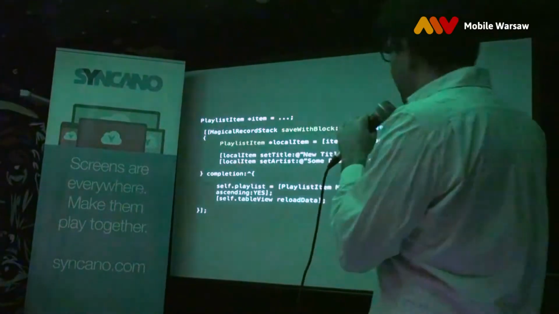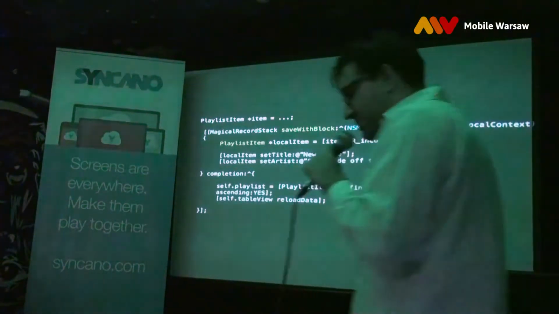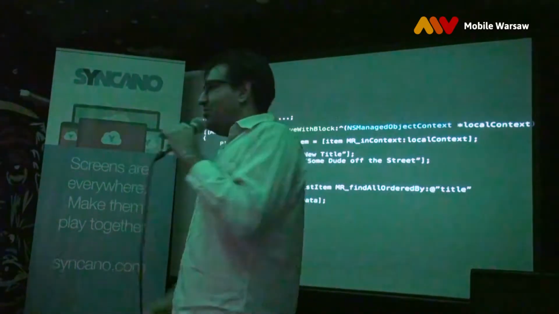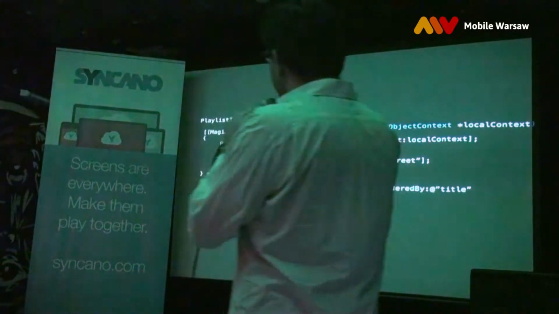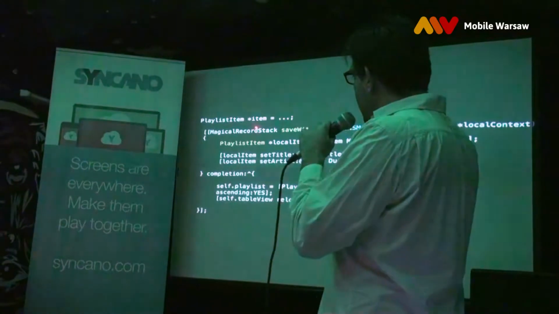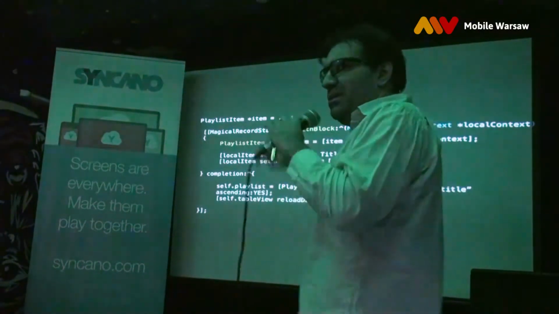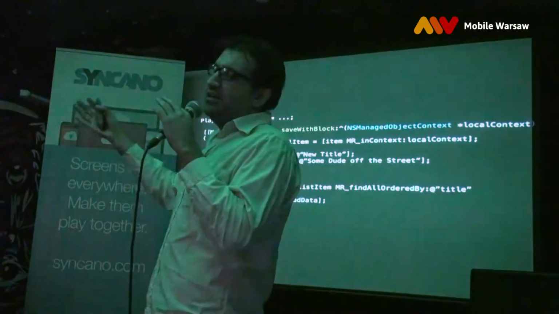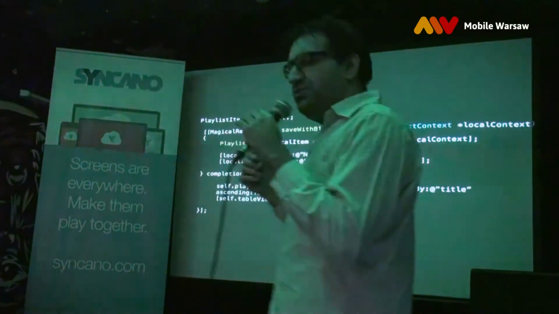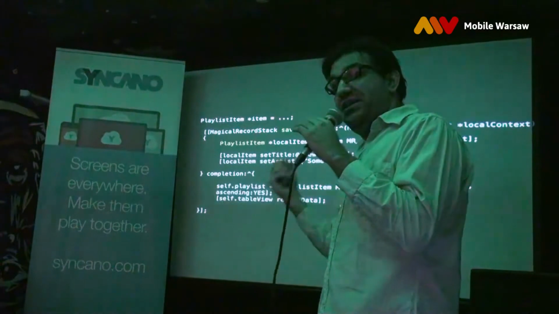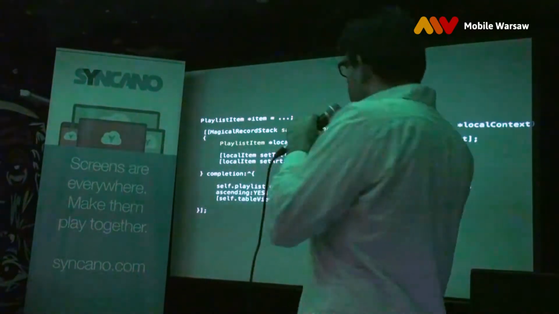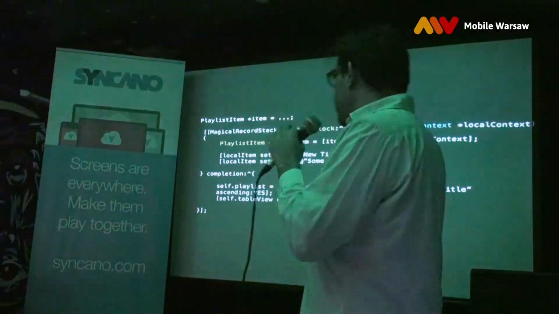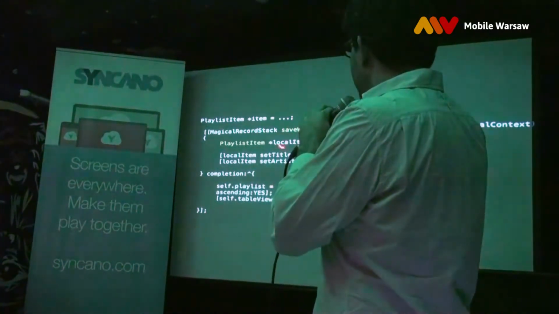Now notice some other important stuff. Remember we talked about transferring context. The contexts are important between threads, right? So the idea in this slide is that we have an item that's in, for example, the main context or the default context. When we want to do an operation on it or change it in a background one, we actually need to use this context, which is in our background thread, and then transfer a local copy.